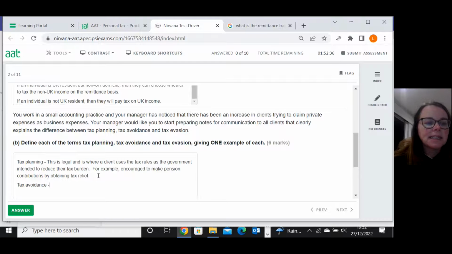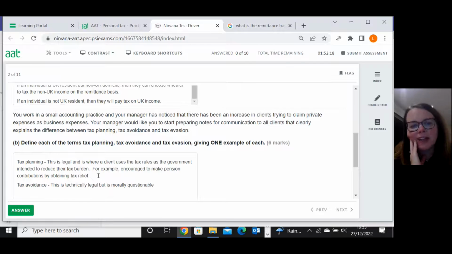Tax avoidance: this is technically legal, but morally questionable. These are the things you hear about in the news where big names have accounts offshore, or employ fictitious people in their organisations, paying them a wage so that you're getting more use of personal allowances and lower rates of tax.